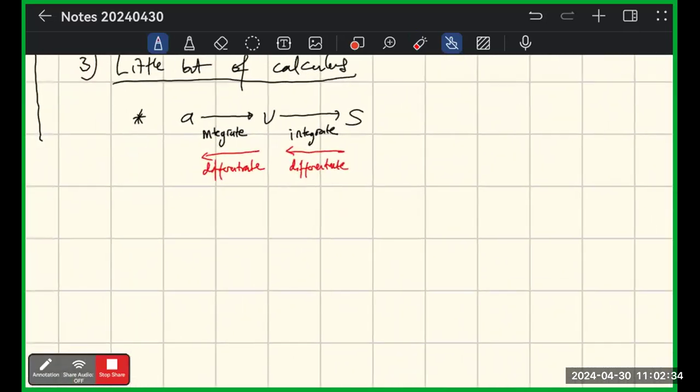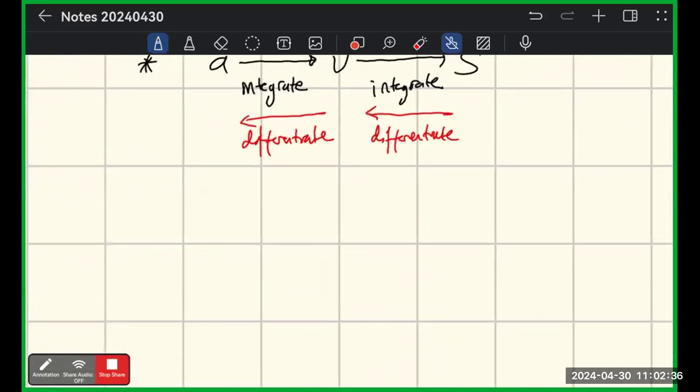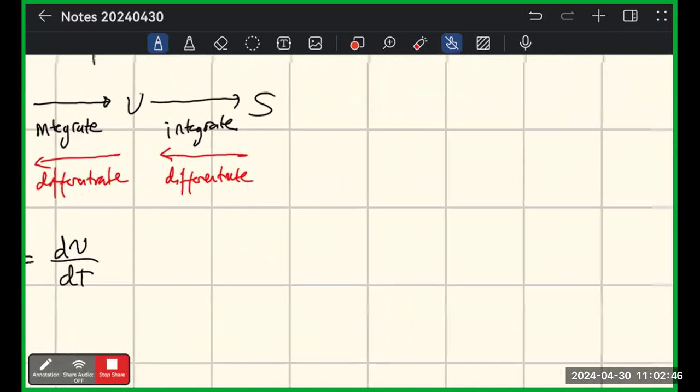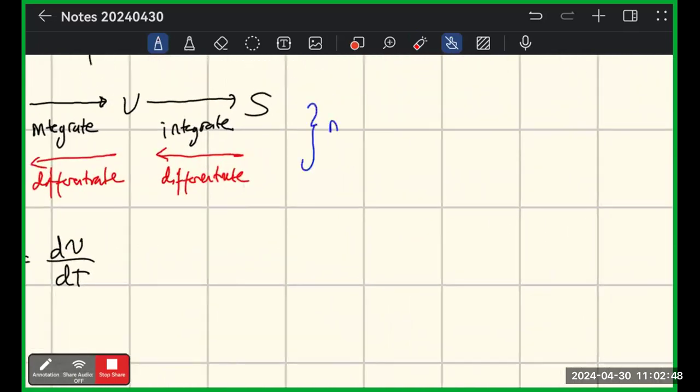So we can write this down as, differentiation is that a equals dv over dt, and the integration here is in terms of time.